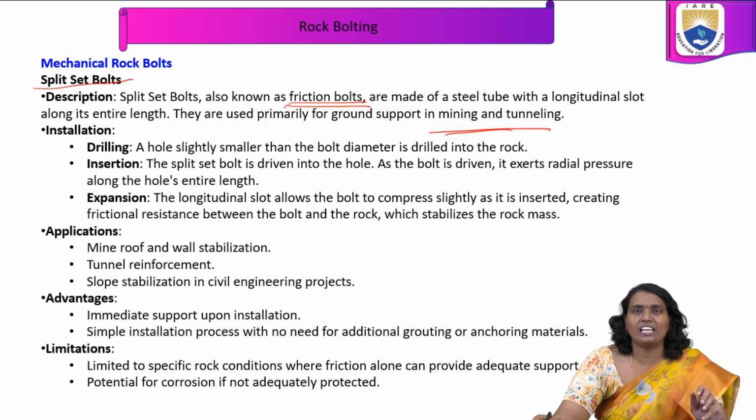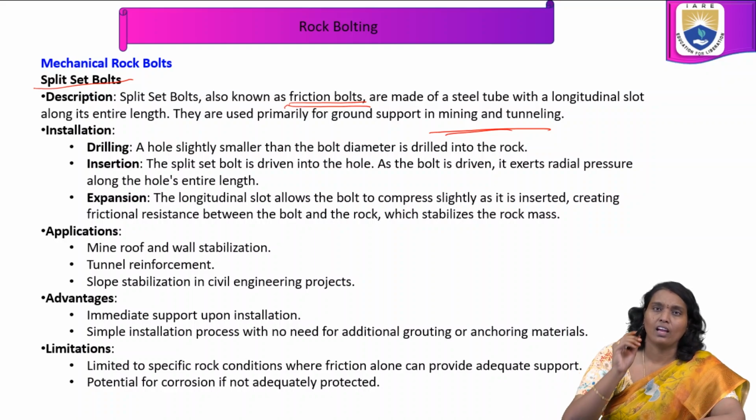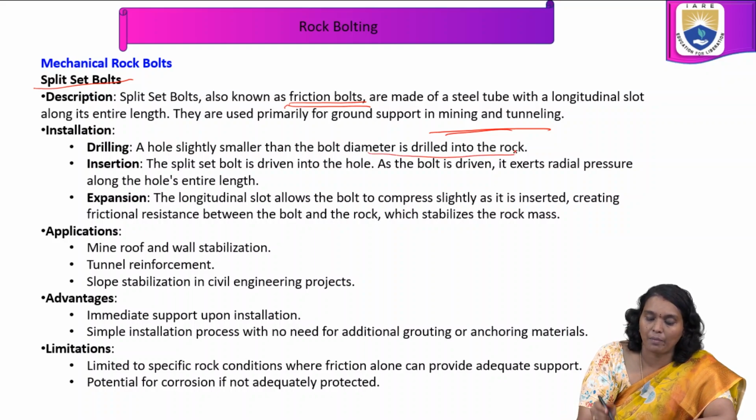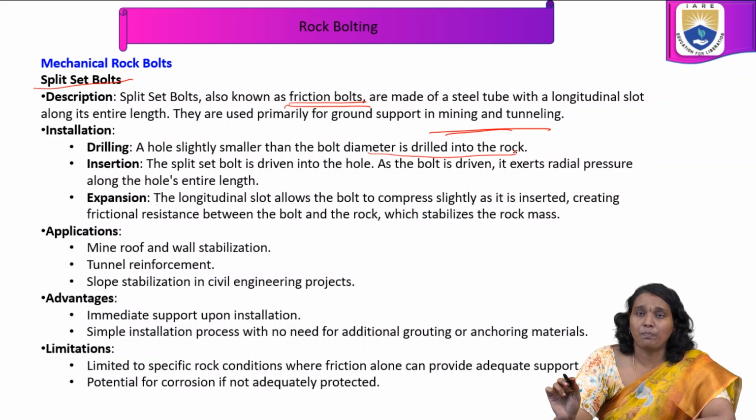For installation, we follow these steps: drilling, insertion, expansion. A hole slightly smaller than the bolt diameter is drilled into the rock. The split set bolt is driven into the hole.